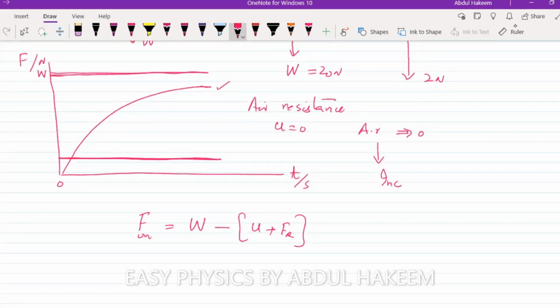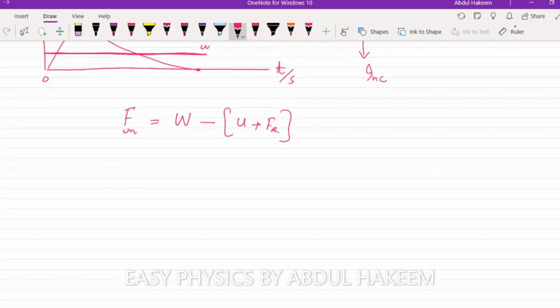So initially, the resultant force is maximum. It gradually decreases, and finally it becomes 0. So this is weight, this is thrust, this is air resistance, and this is the resultant force. And the acceleration depends on the resultant force, so the shape of the graph for the acceleration will be similar to its force graph, this one.